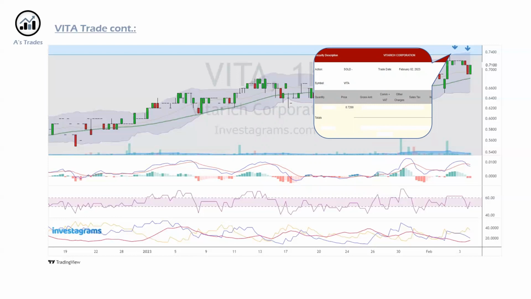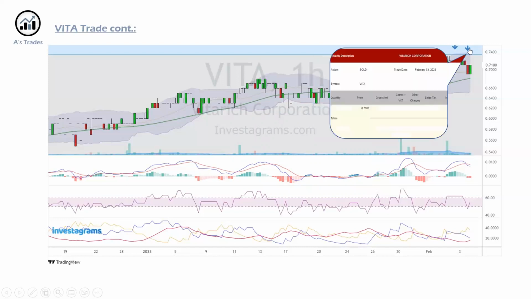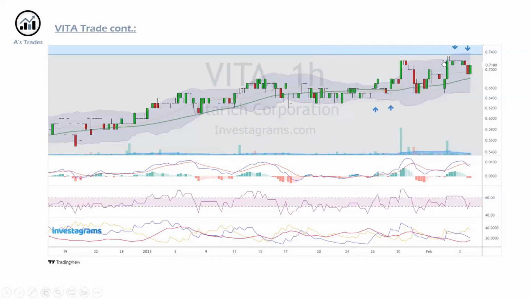But I ultimately sold the remaining tranche on this candle at the price of 0.7 on February 3, because it seems that the price is having a hard time breaking this resistance level right here. And you can see the candlestick is going down.